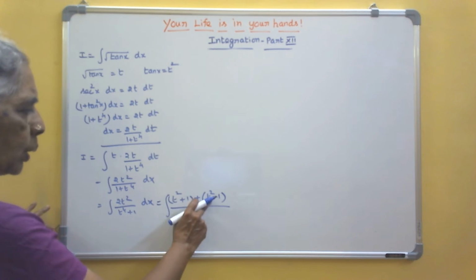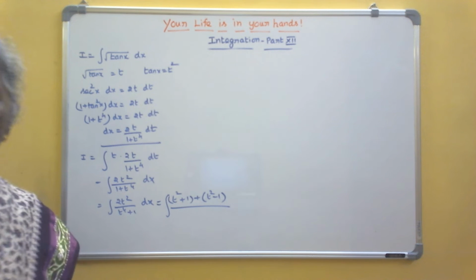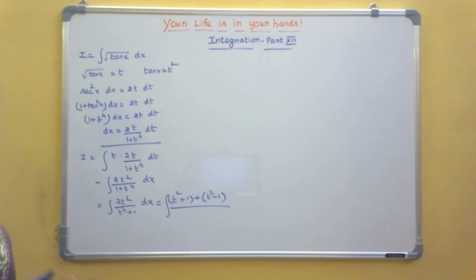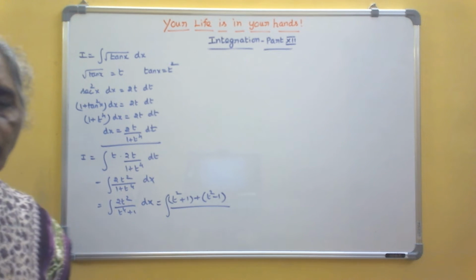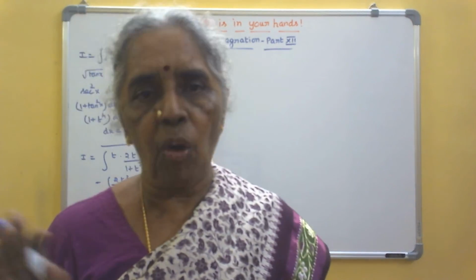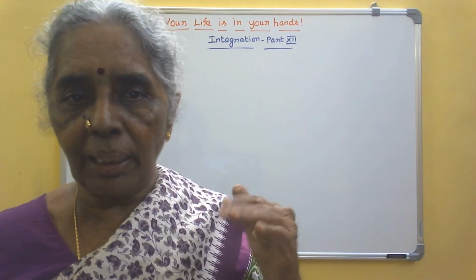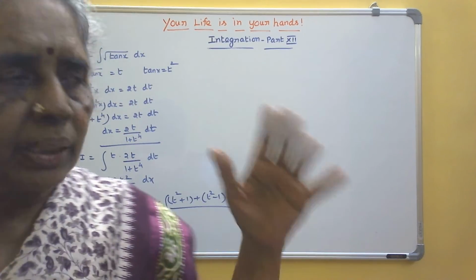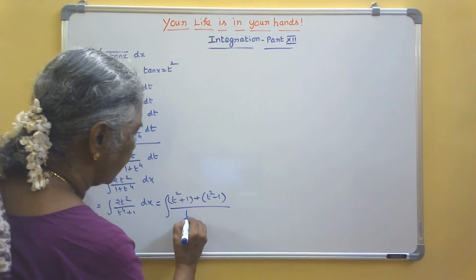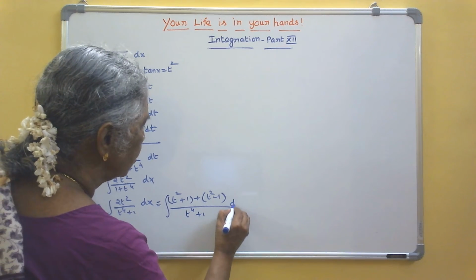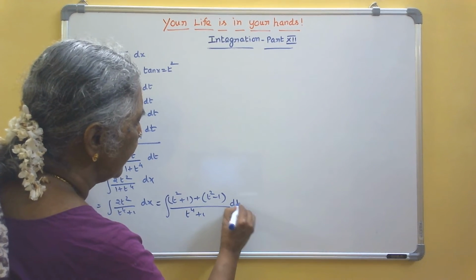What will you get? 2t squared. Plus 1 and minus 1 will go. Because when I have a denominator t power 4 plus 1, I need either t square plus 1 or t square minus 1. Then only it will come to the pattern. It will come to that concept what we have already learned. T power 4 plus 1 dt.